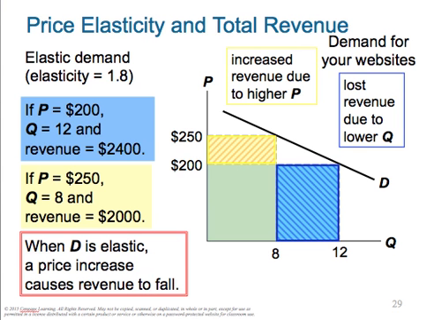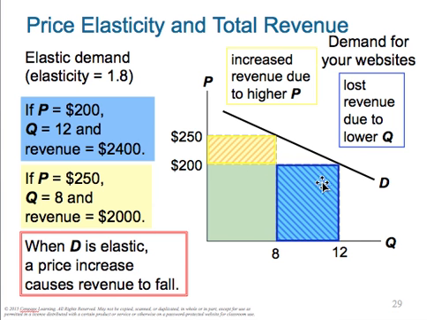Increased revenue due to the higher price, you see here in yellow. You went from 200 to 250. Before, you were selling websites at $200 with this demand curve, and you were selling 12 websites a month. So 200 times 12 is this overall box right here.